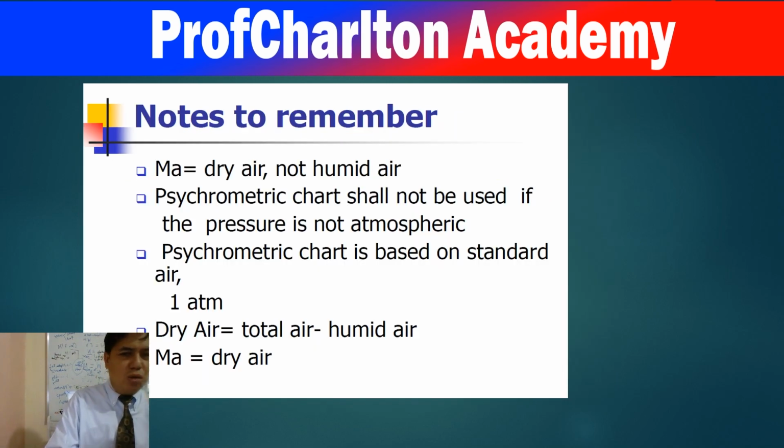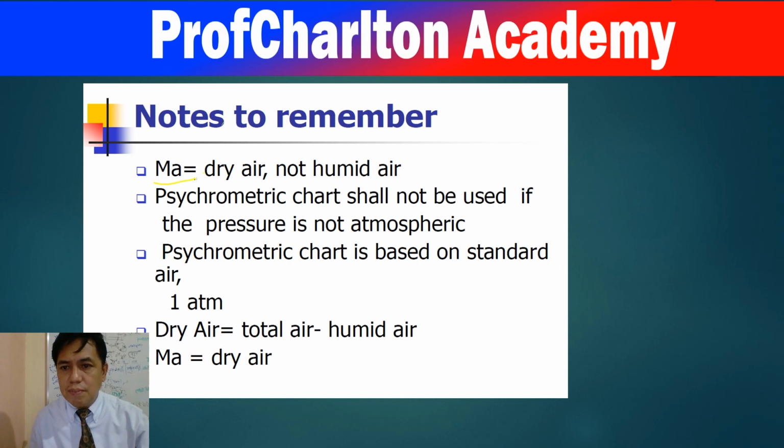There are some notes to remember before we proceed to the problem. M sub A is dry air, not humid air. When you talk about M sub A, it is based on the dry air, not the humid air.